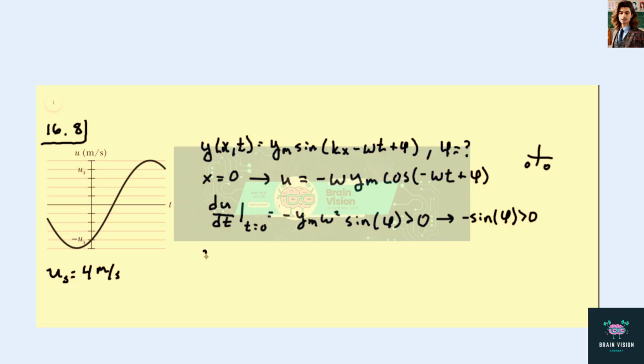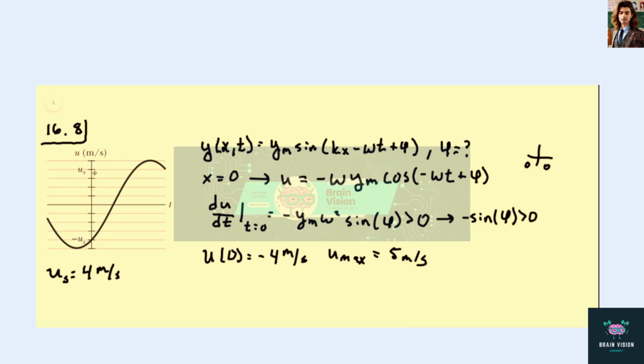So now at time 0, u is negative 4 meters per second, just from the plot here. And u max is 5 meters per second, because note that the scale extends up to 5.